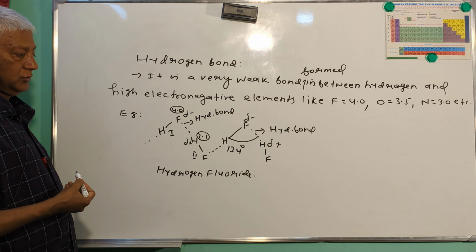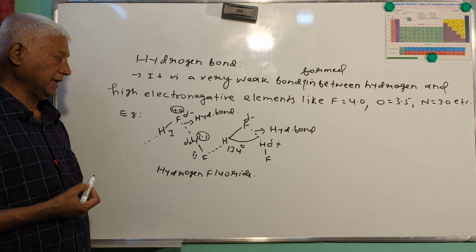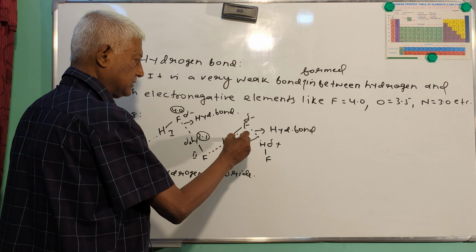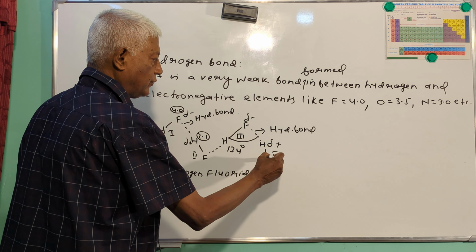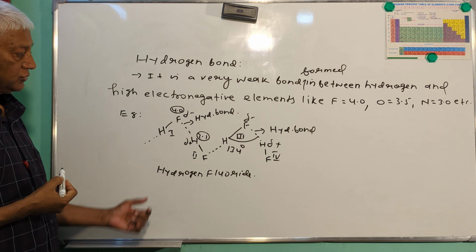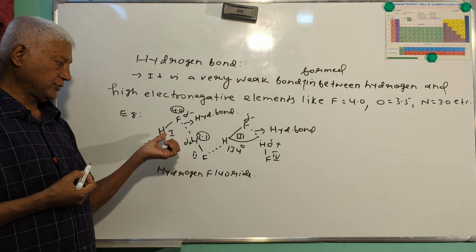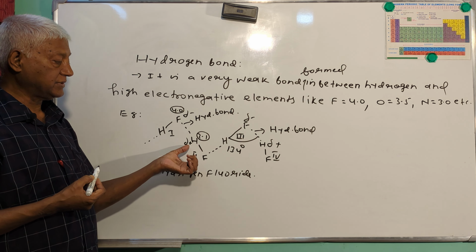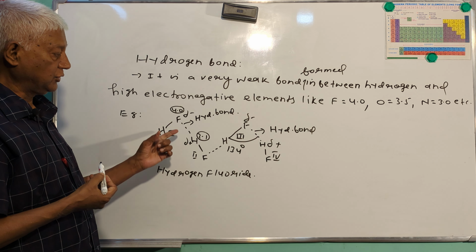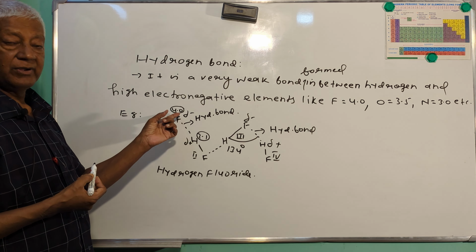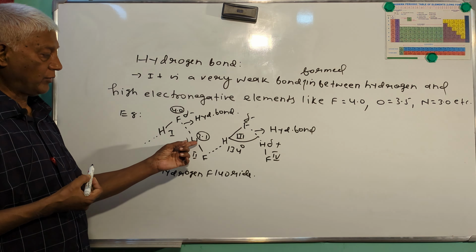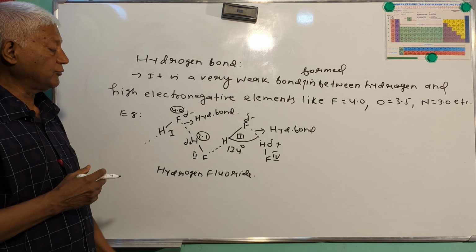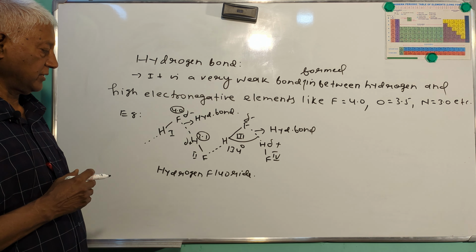So we see hydrogen bond in between molecules of hydrogen fluoride: one molecule, that is the second molecule, that is the third molecule, that is the fourth molecule. Hydrogen bond is formed in between highly electronegative element like fluorine and H. Due to high electronegativity value of fluorine and low 2.1 of hydrogen, it causes a very weak bond, and that weak bond is known as hydrogen bond, HF.